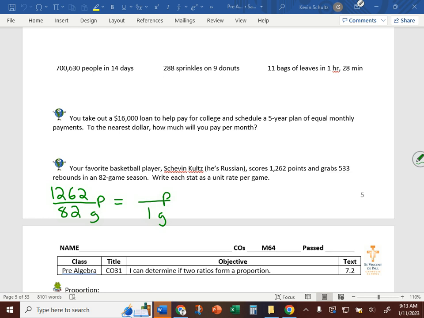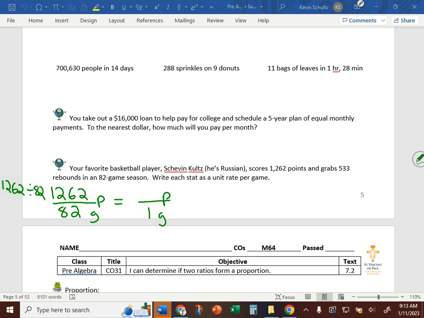Divide what? 1,262. Exactly. Divide 1,262 divided by 82. Okay? Remember that fraction bar is division? It's kind of already set up for you. 1,262 divided by 82. It's already written as a fraction, it's written as division for you. You just have to do it.